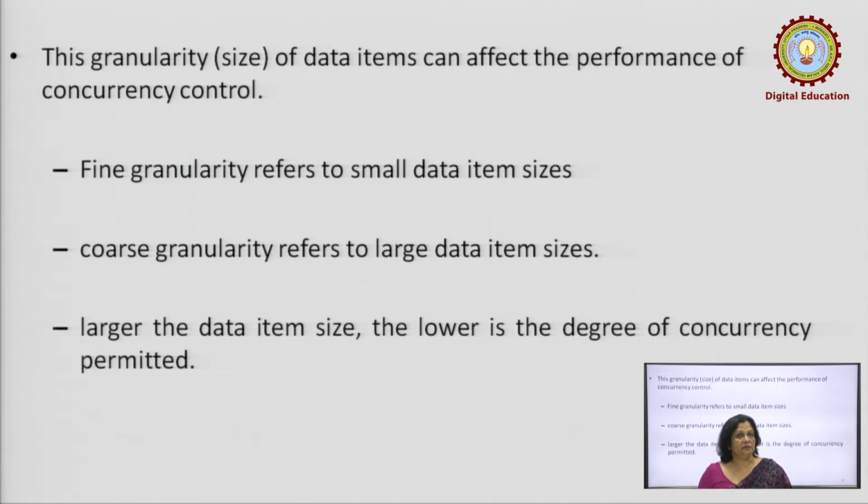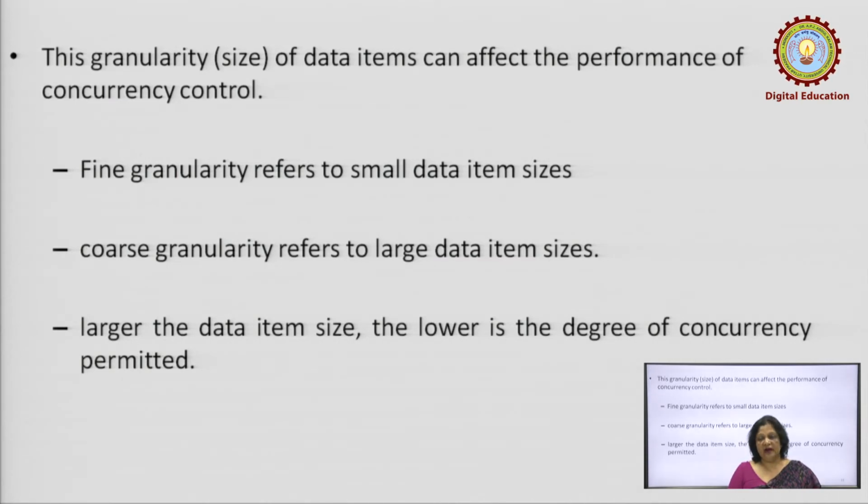Larger the data item size, the lower is the degree of the concurrency achieved. Why? Because if let us say we are considering the data item as the entire database, only one transaction may be able to lock the data item for writing. So, the coarser the granularity, the lesser is the degree of concurrency.